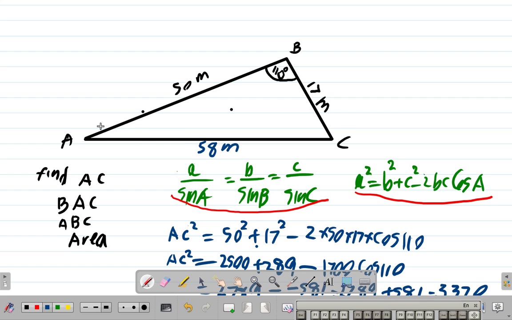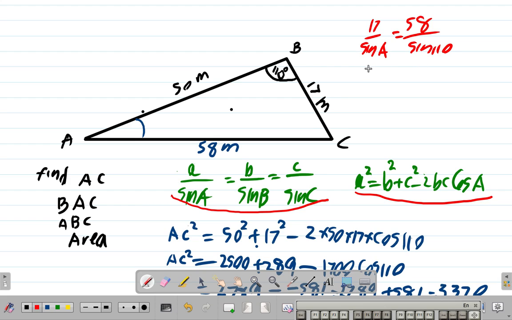Alright, we're supposed to find the angle BAC, which is this angle here. So here now, we could use the sine rule, right? So we say 17 over sine A equals 58 over sine 110.